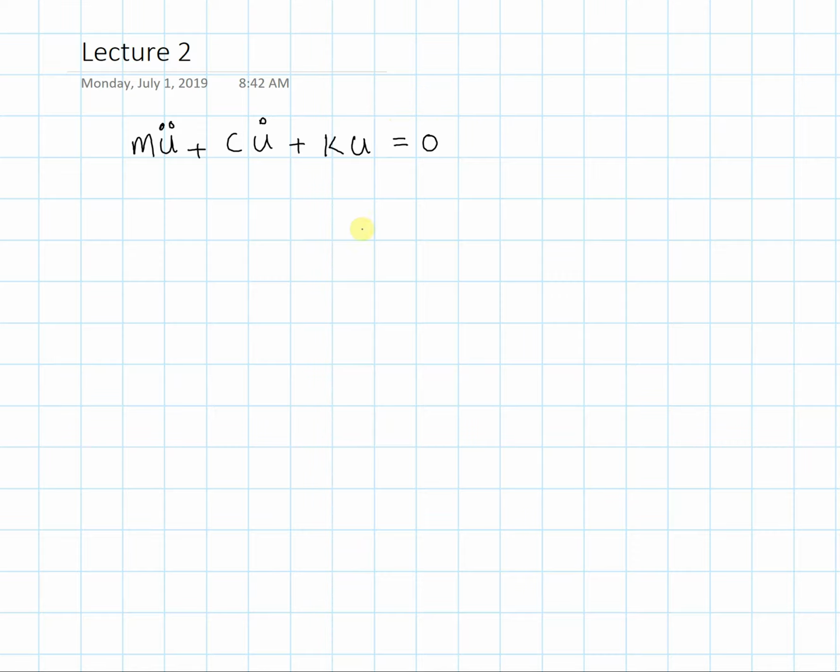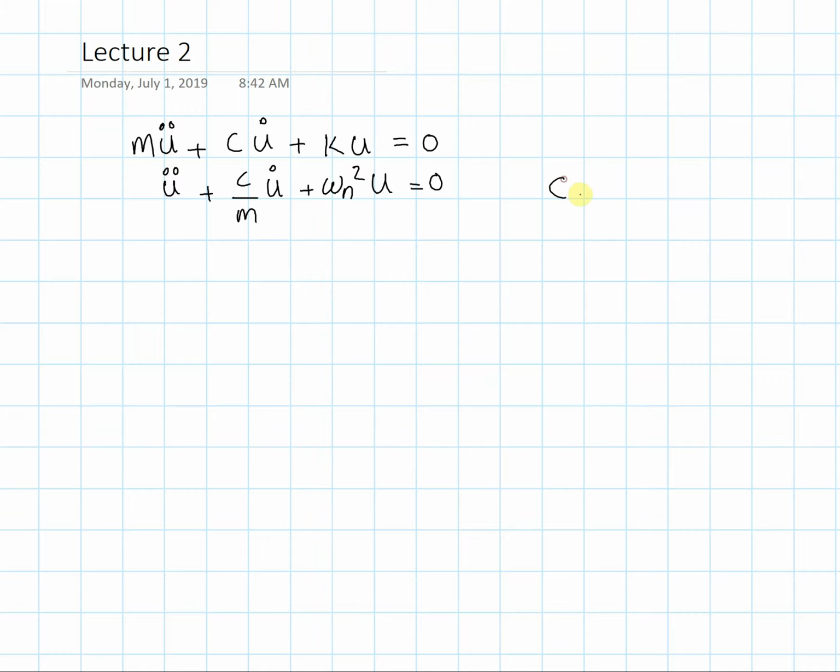And so if I gave you a case like this, what I could do is to divide this whole equation by the mass term. So I'll have, and when I divide stiffness by mass, I get omega n squared. And the omega n squared was our natural frequency squared, and that's really a fundamental relationship that we need to be aware of. Now, here's a new relationship for you to remember.